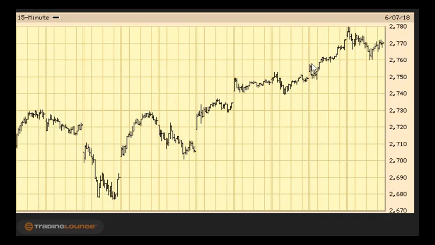See, this is still a corrective pattern here. See how it's got the A and the B and the C here? I know in a lot of markets we can count this as 5 waves down, but in the cash market here it's still 3. So we would have to look at this as 1 and 2, 3, 4, and then 1 and 2 and 3 and 4 and then 5 moving up here.